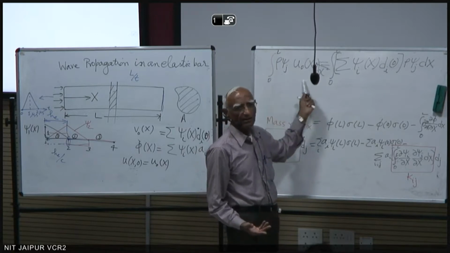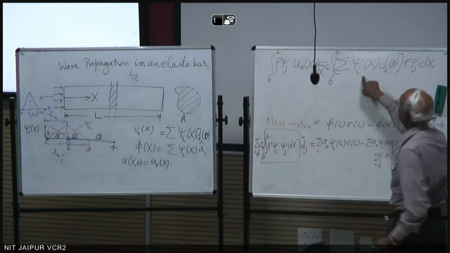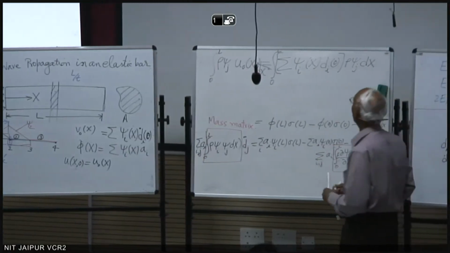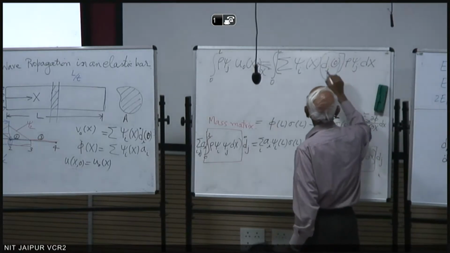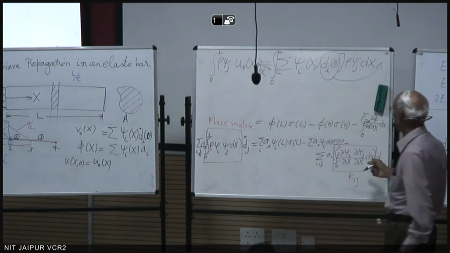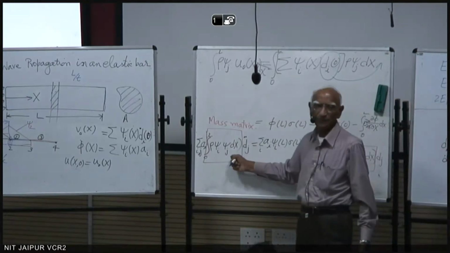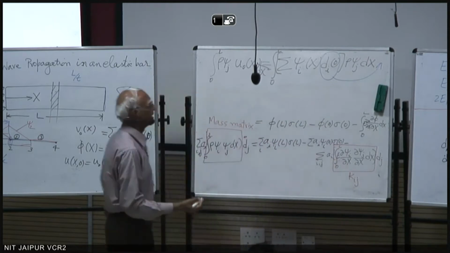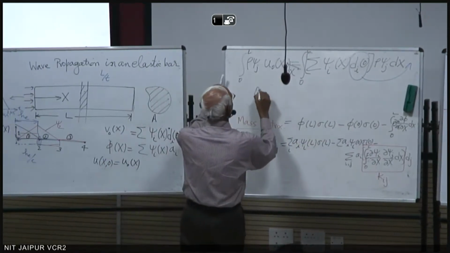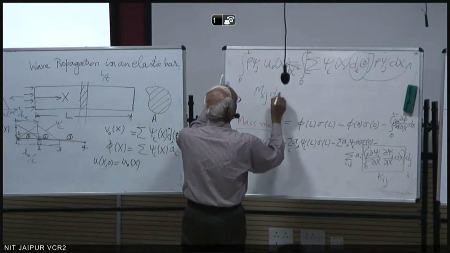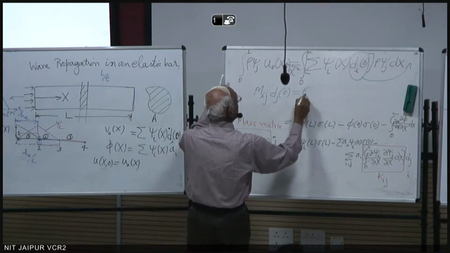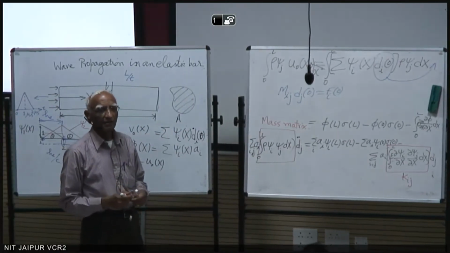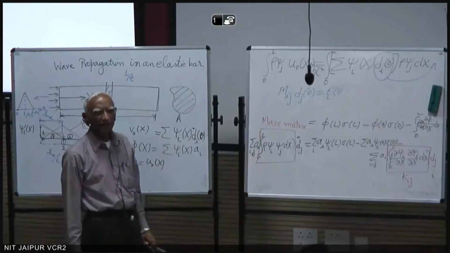This one, psi i psi j times rho, you have already evaluated in here. So what we are doing is we are writing now this thing as Mij dj0 equal to Fi0.